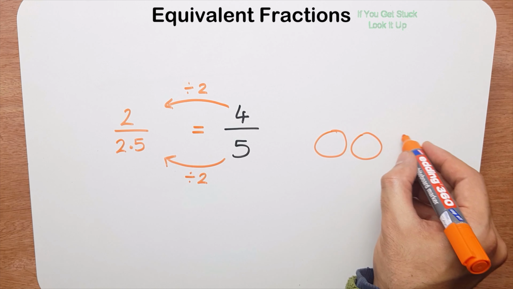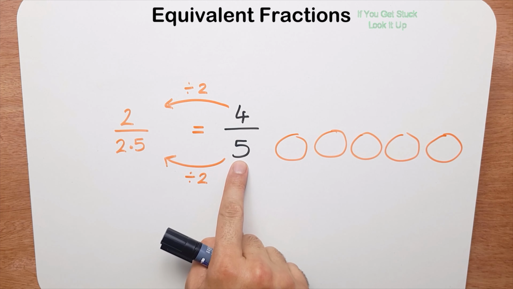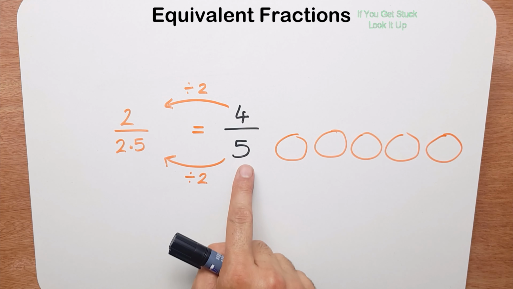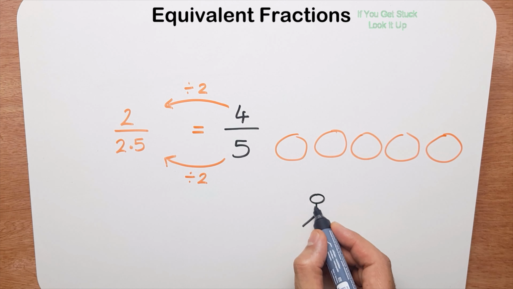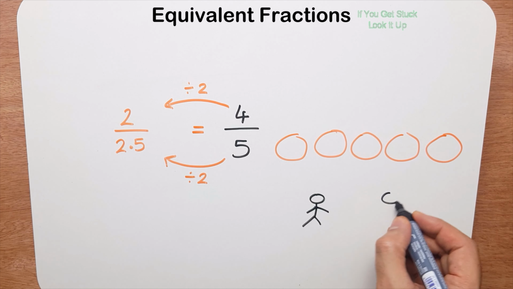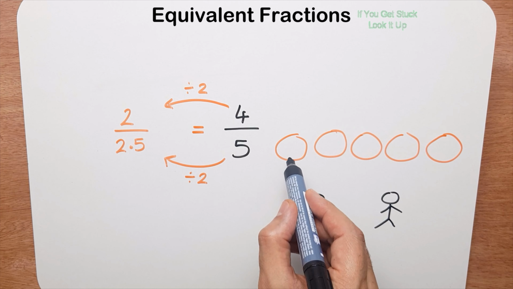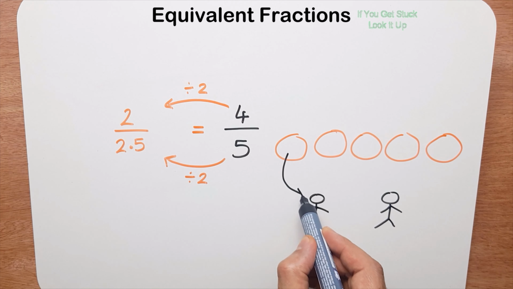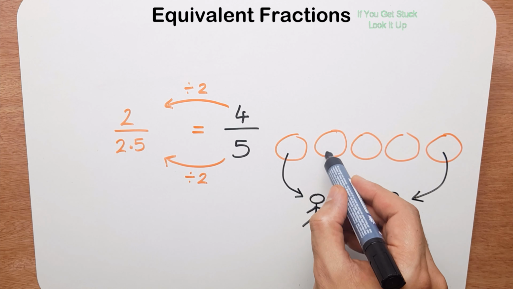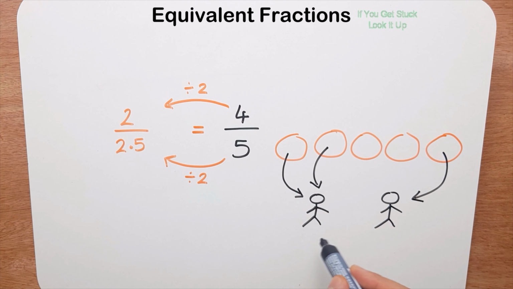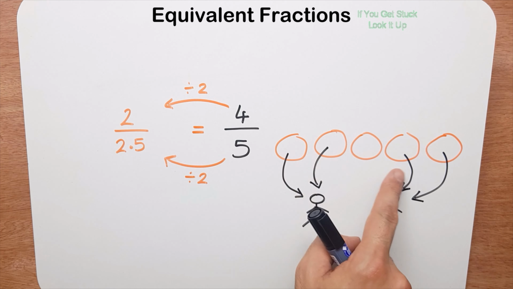1, 2, 3, 4, 5. So I have 5 oranges and I need to share them between 2 people. There's A and there's B. So I'll tell you what, I'll give this orange to A. I'll give this orange to B. I'll give this orange to A. I'll give this orange to B. So now they've got 2 oranges each.